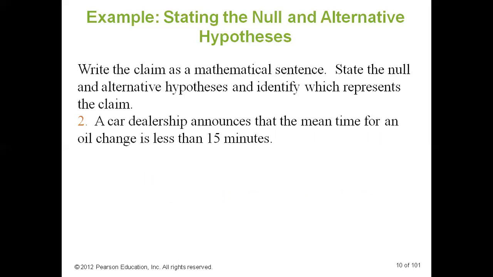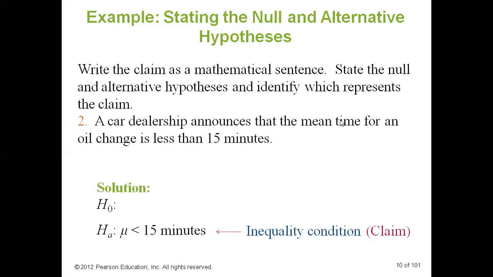Second, a car dealership announces that the mean time of an oil change is less than 15 minutes. This statement shows inequality, so this claim will be written under the alternative hypothesis. The alternative hypothesis will be mu, since mean is represented by mu, is less than 15 minutes.